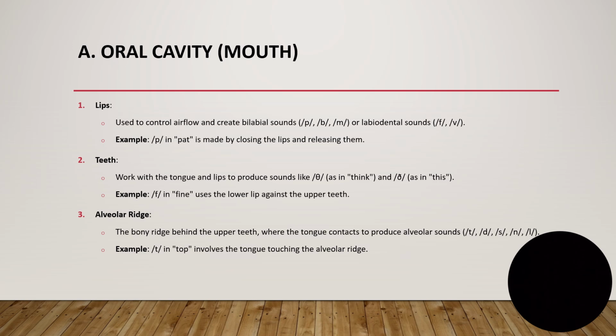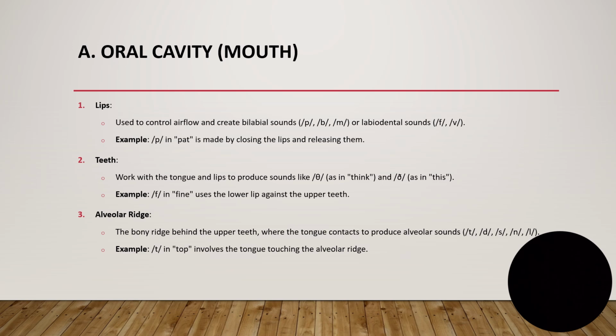Second, we have the teeth, which work with the tongue and lips to produce sounds like th as in think and th as in this. Example, f in fine uses the lower lip against the upper teeth.